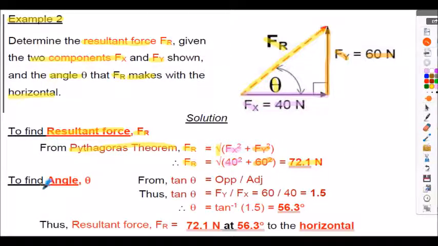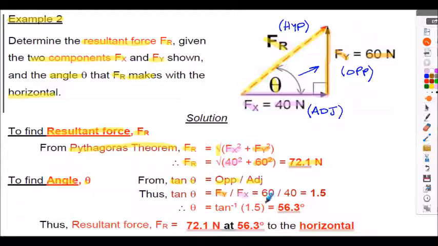We also need to find the angle theta stated in the diagram above. So I'm going to use the tan function for this. So tan of angle theta is the opposite side divided by the adjacent side of our triangle. So we're labeling our triangle with our notation. The opposite side in this case is Fy, so Fy divided by the adjacent side, which is Fx.